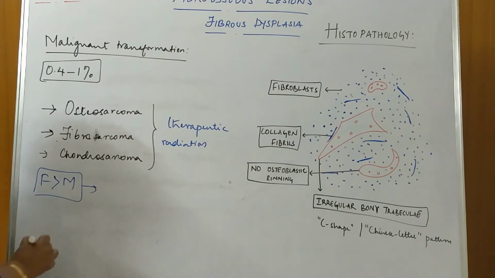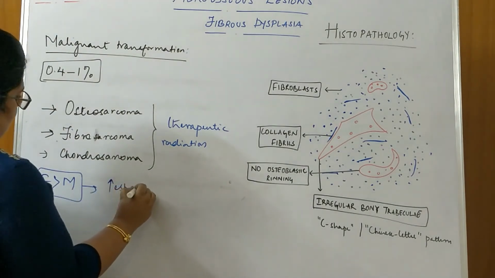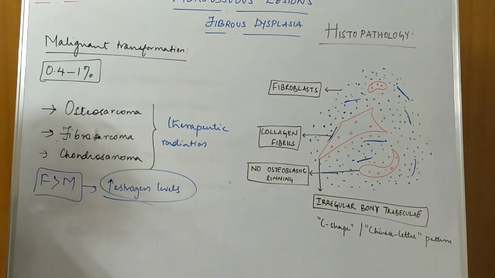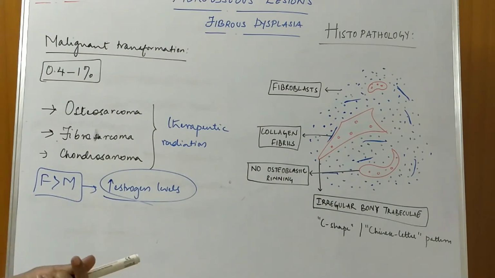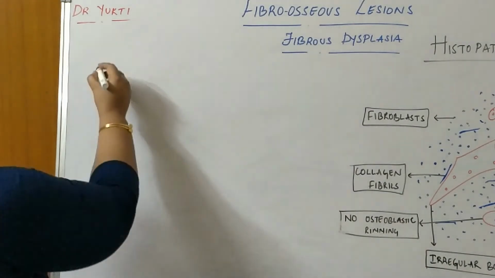The reason for this is the same reason why females have more pain during pregnancy and menstruation, that is, increased estrogen levels. So females are exposed to increased estrogen levels, and that, according to some authors, has contributed to the increased rate of transformation into malignancy.